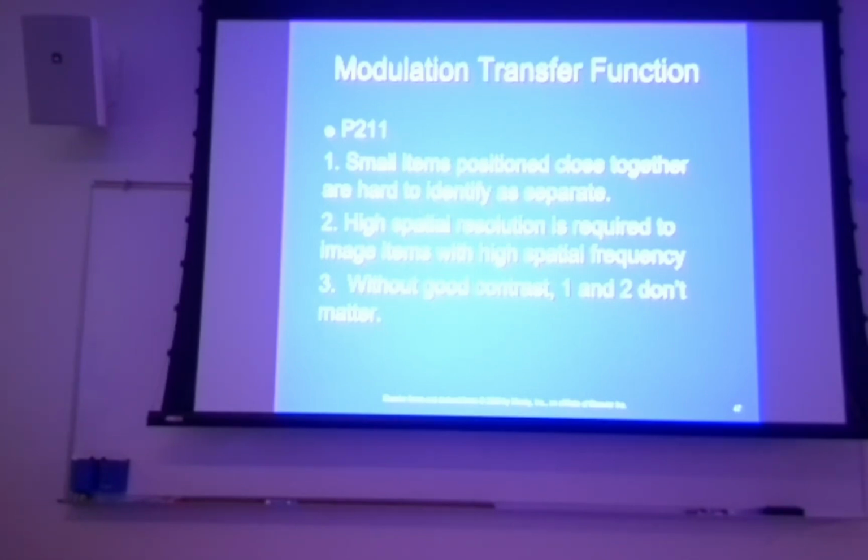We might not have quite as good actual resolution. It's probably going to be pretty close. It might not be quite as good, but because of the improvement in the contrast, we get the appearance of better spatial resolution. We can see those lines, even if the lines are a little bit bigger than what they otherwise would have been, as opposed to them all blending together because of low contrast.